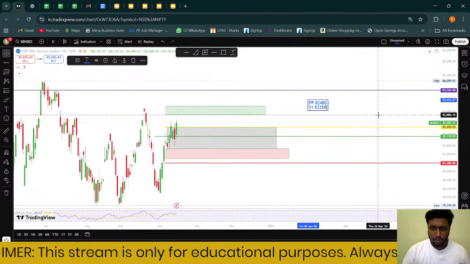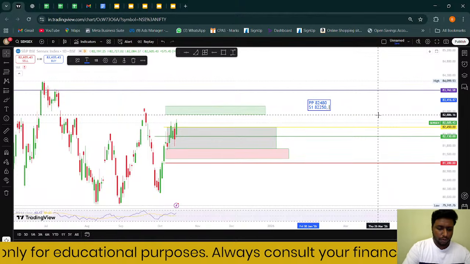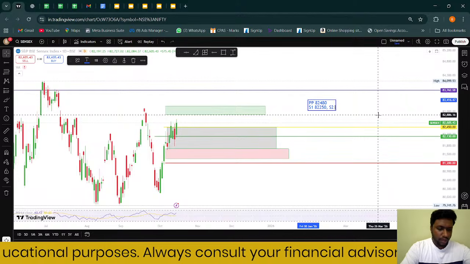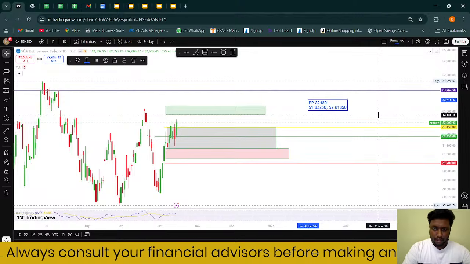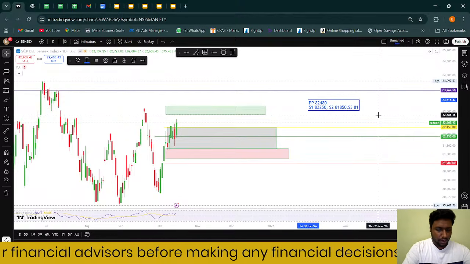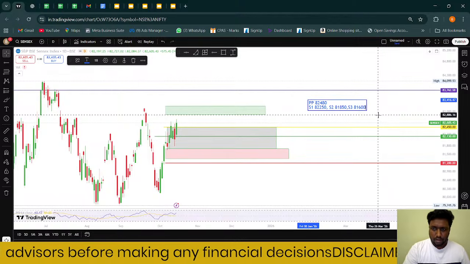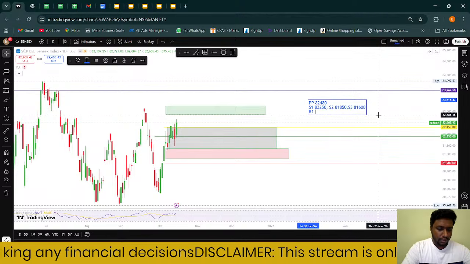Let's keep it at 250, though it is exactly 238 or 240. S2 will be at 81,850, and S3 will be at 81,600. So these are the three supports.